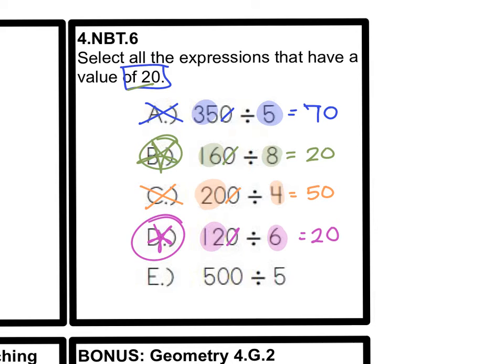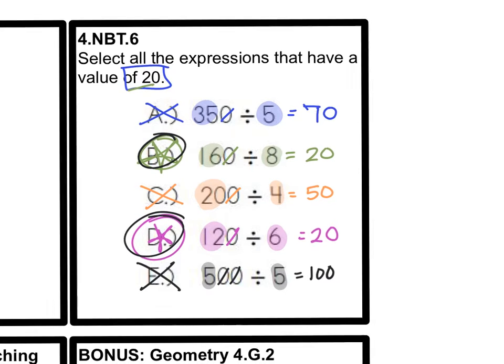This is also the value that I'm looking for. And last but not least, I have 5 divided by 5 with 2 zeros at the end. 5 divided by 5 is, of course, 1 with 2 zeros at the end is going to give me 100. Not the answer I'm looking for. So B and D are the 2 reasonable answers.